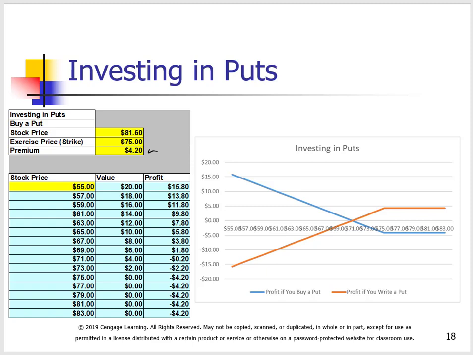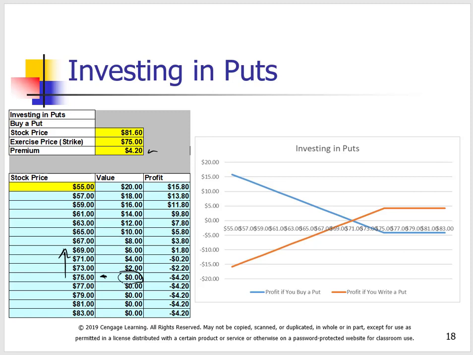But when it gets to $75, and here's $75 right here, you can see that the value of the option is zero there. But your profit is a negative $4.20 because you paid the premium. As the price goes down, the value of the option goes up, but the premium you paid is constant.